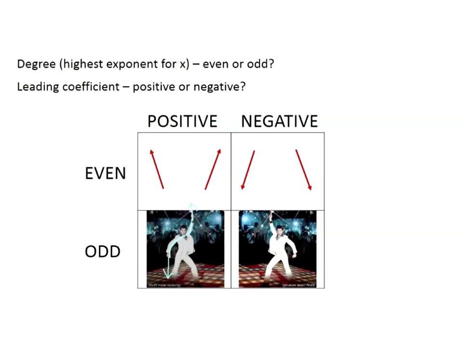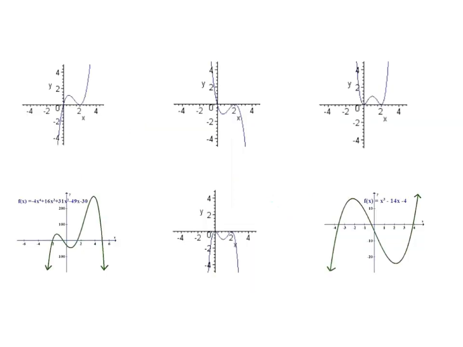And if I were to connect these with a line, the slope of that line would be positive, right? Same thing on this side. If I go down through his, just trace his arms, I'm increasing on the left and decreasing on the right. And if I were to connect those arrows with a line, my slope would be negative. Okay, so that's how we know what end behavior we're looking at.